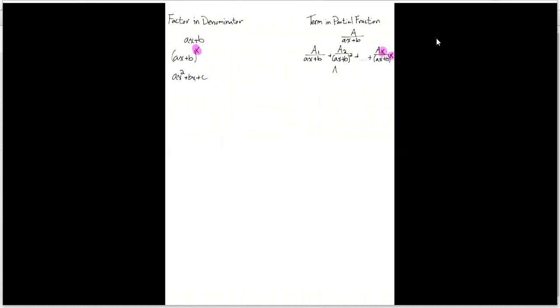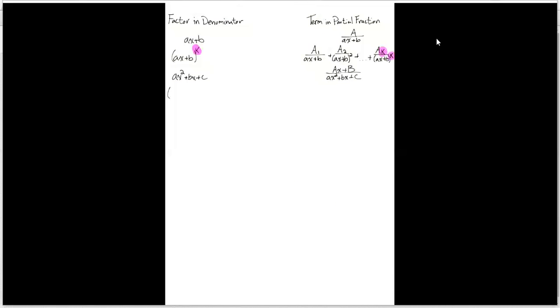So we've got this Ax plus B in the numerator, and then we have our original factor on the bottom. Notice that now it has an x in the numerator. Just keep that in mind. It has an Ax plus B, so it has two constants in it to solve for. And we'll see another example of that later. We'll actually have a combination of these two.